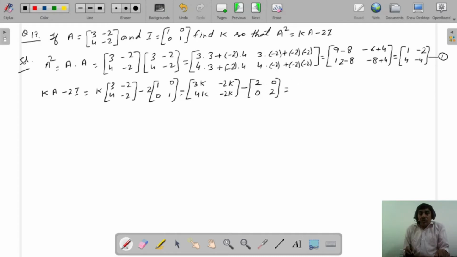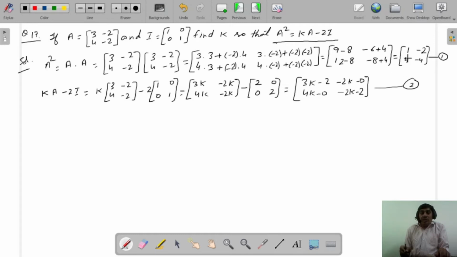which is equal to 3K minus 2, minus 2K minus 0, 4K minus 0, minus 2K minus 2. Represent it by equation number 2. But it is given that A square is equal to K into A minus 2I.